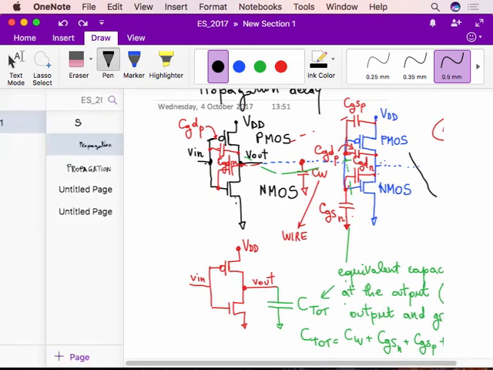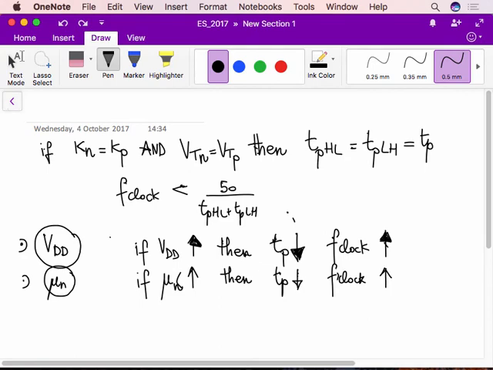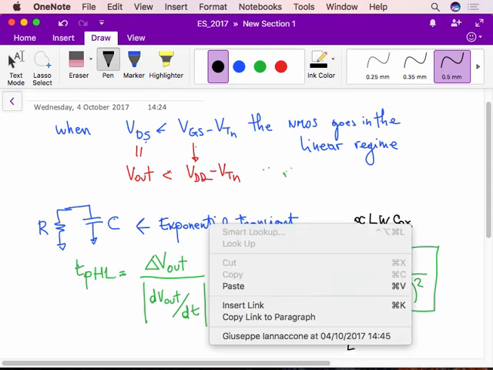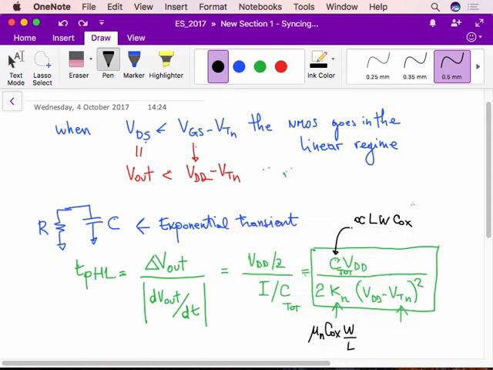And therefore, if you look here, let's write it here. Okay, there is this part. Plus, there is also something that is constant, but it's less important. So, what you should know is that the numerator is proportional to L, the denominator is inversely proportional to L, which means that the propagation delay is proportional to the square of L. And this is extremely important, and it is one of the main reasons for scaling.